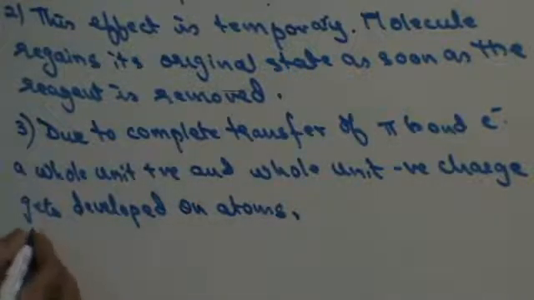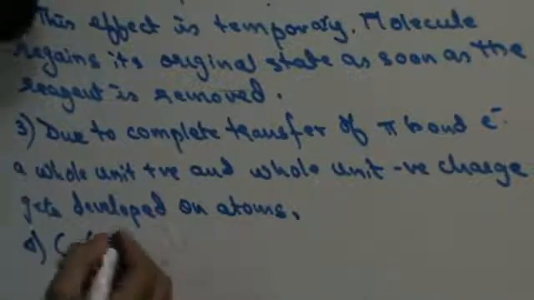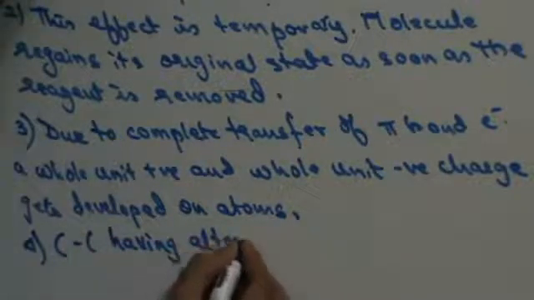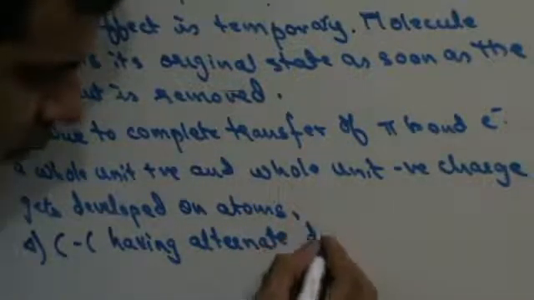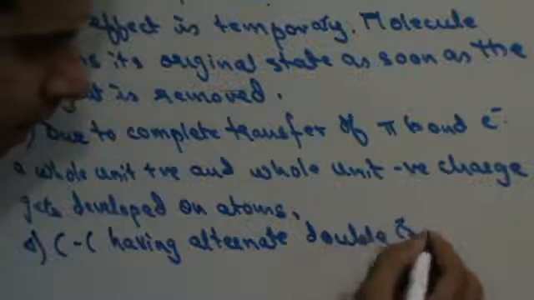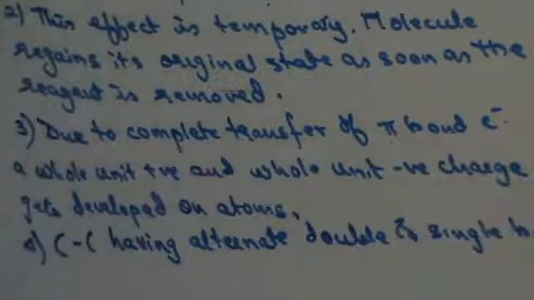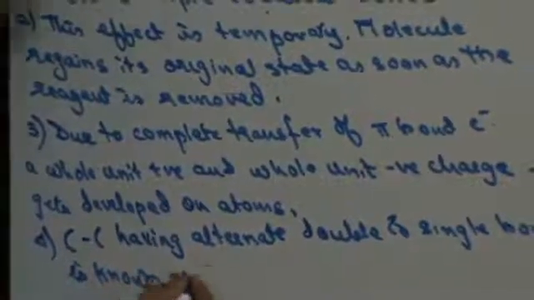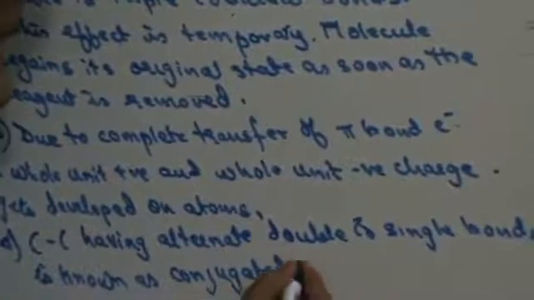See, suppose I have a carbon-carbon linkage having alternate double and single bonds. That is known as a conjugated system.